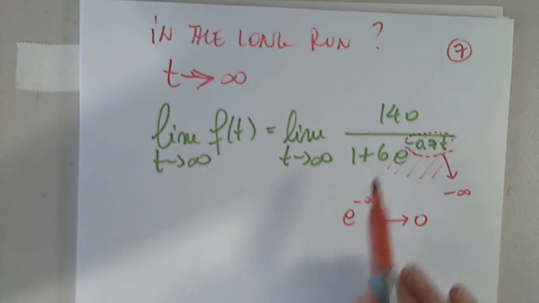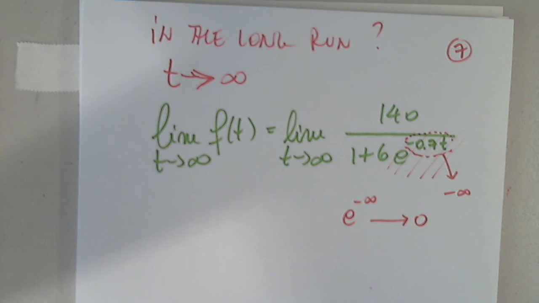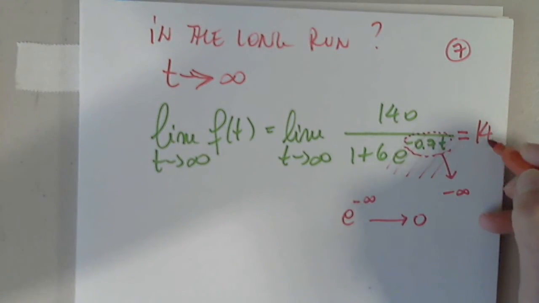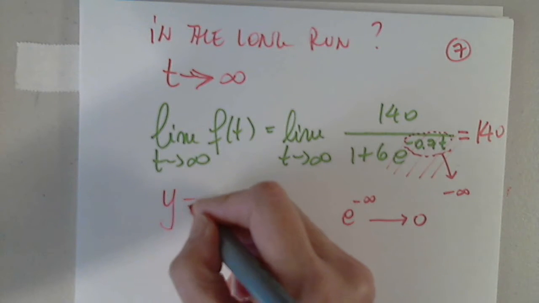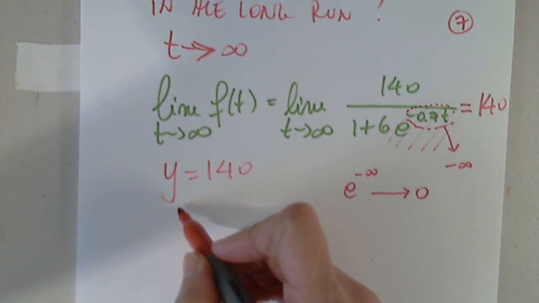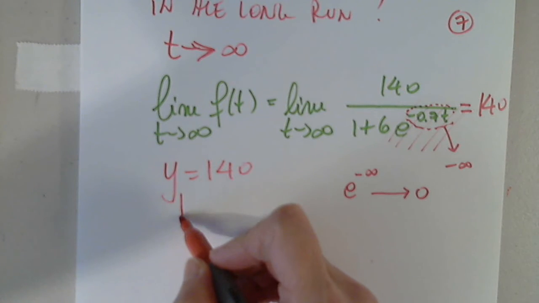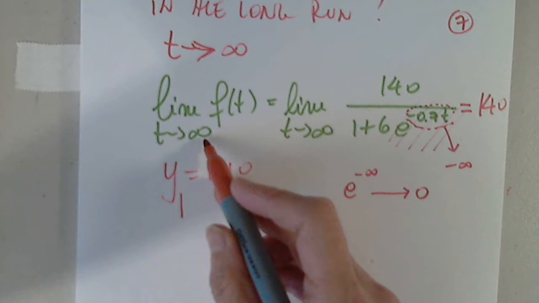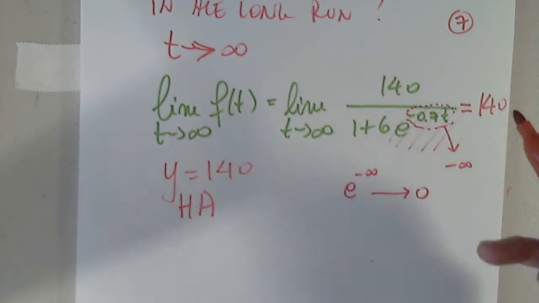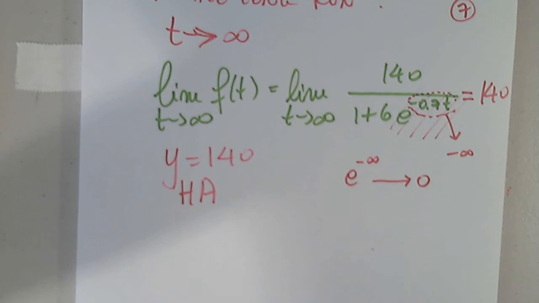How much is 0 times 6? 0. How much is 140 over 1? 140. What do we call y equals 140? The y-intercept? No. When t approaches infinity, a horizontal asymptote. The function values get closer and closer to 140.